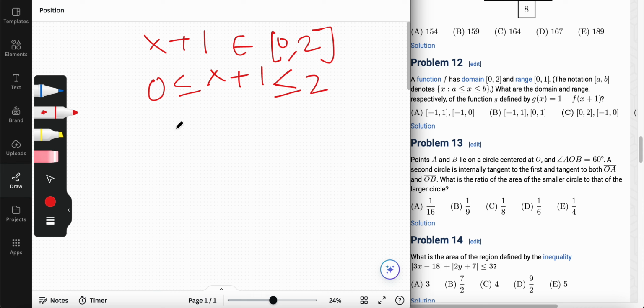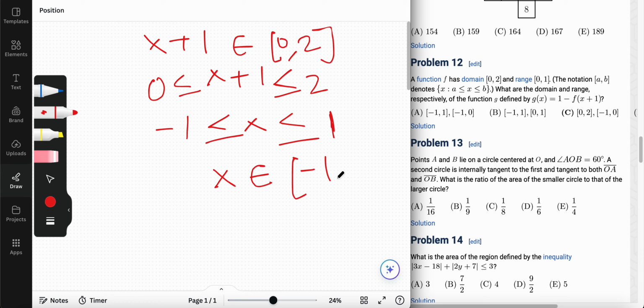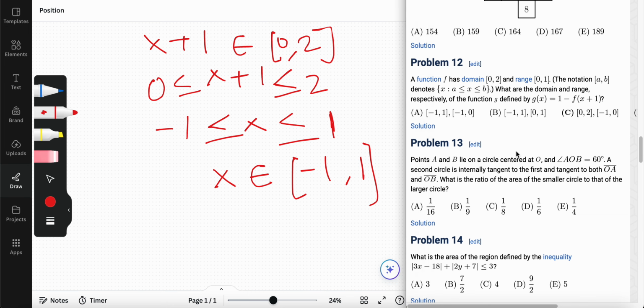Okay, so that means x is greater than or equal to -1, which is less than or equal to 1. So x is going to be -1, 1, right? So that's our domain.